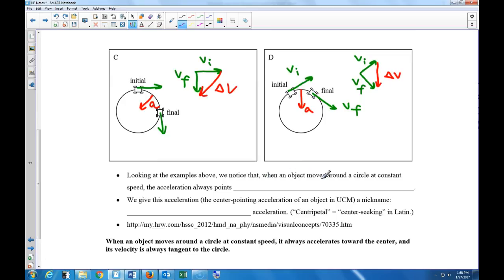Well, when an object moves around a circle at constant speed, that's important, because the VI and the VF were the same length, the acceleration always points toward the center of the circle.